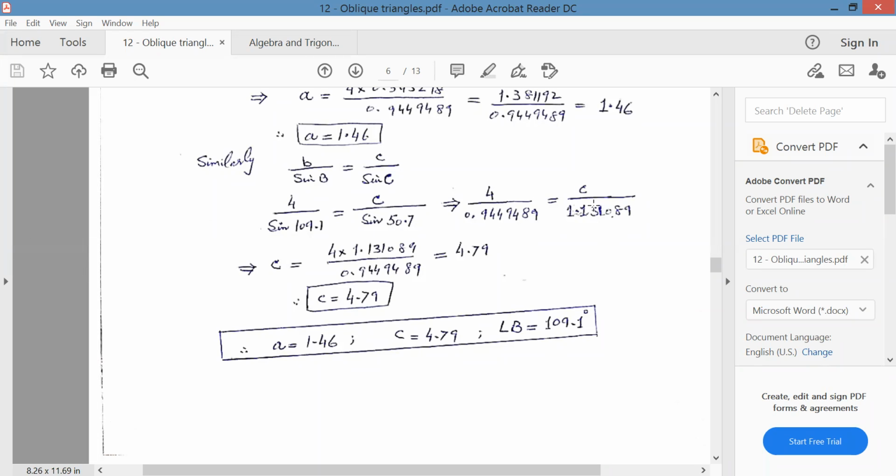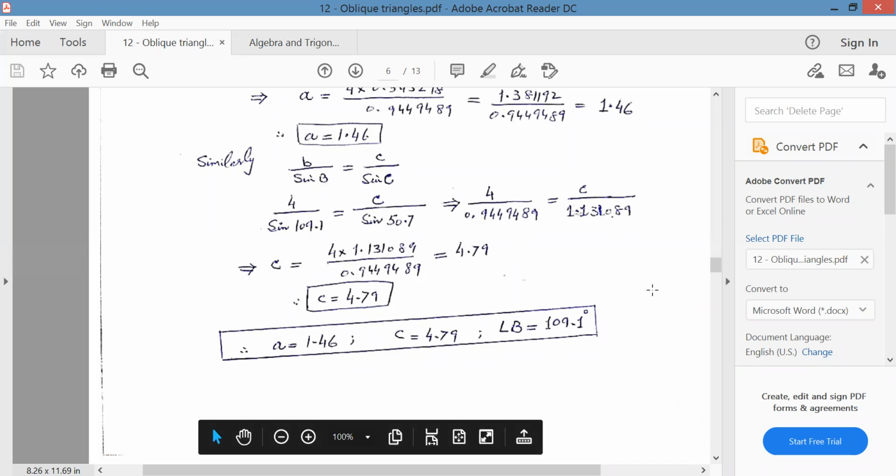Then you cross multiply. This denominator will be multiplied with 4. Go for the cross multiplication and interchange the signs. Side C can be written here, and this product can be written to the right side. After the simplification, you see you're getting the value of C as 4.79.